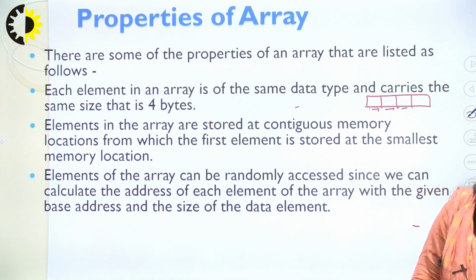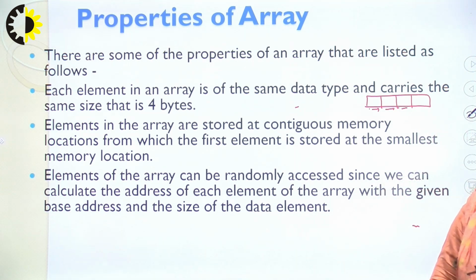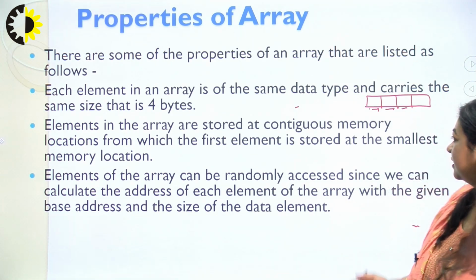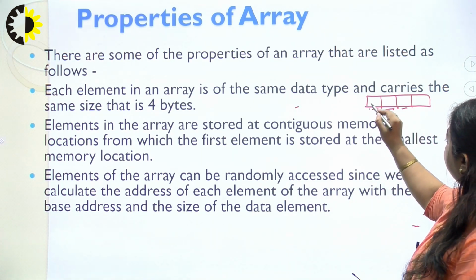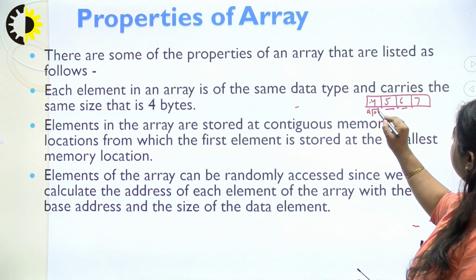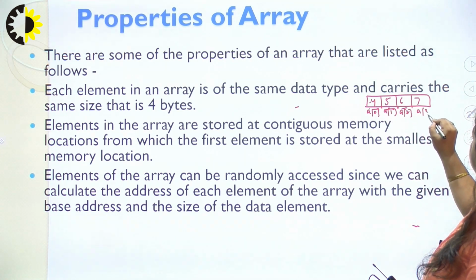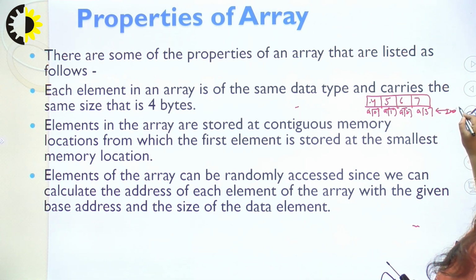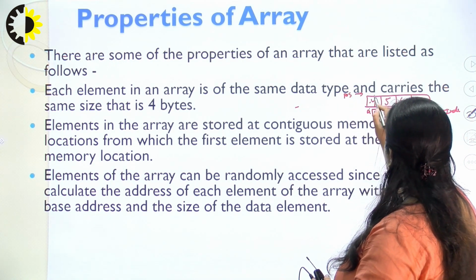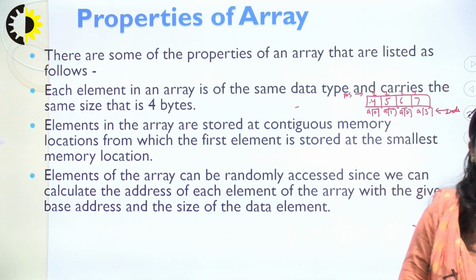Elements in an array are stored in contiguous memory locations, where the first element is stored at the smallest memory location. That means in contiguous memory, we want to store the elements 4, 5, 6, 7 at the addresses A0, A1, A2 and A3. Here is the index value, and what is the position? Position means 1, 2, 3, 4.